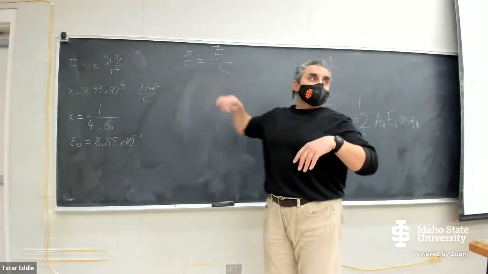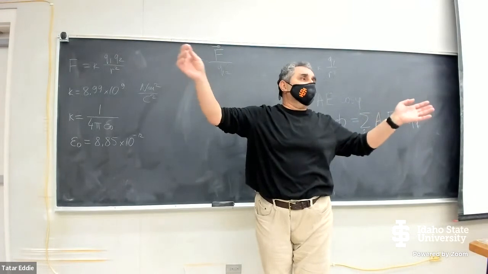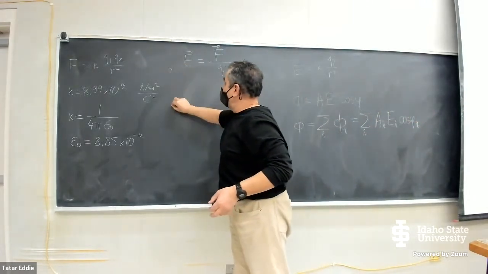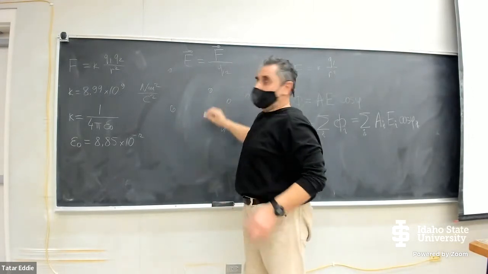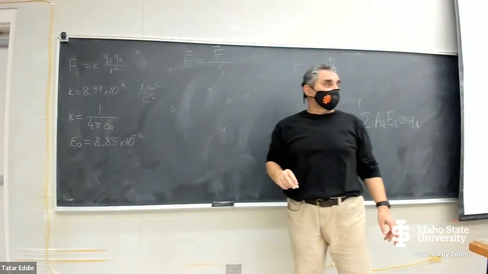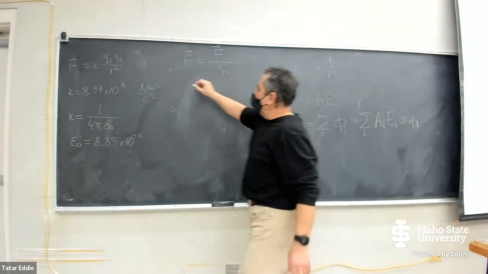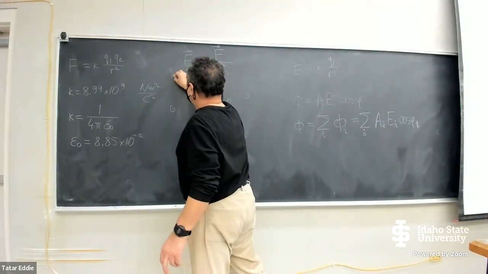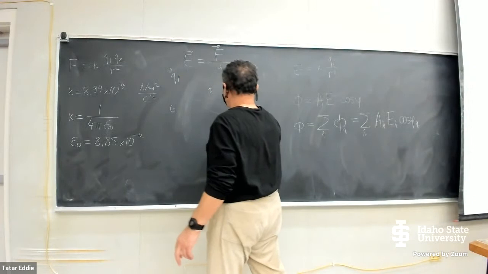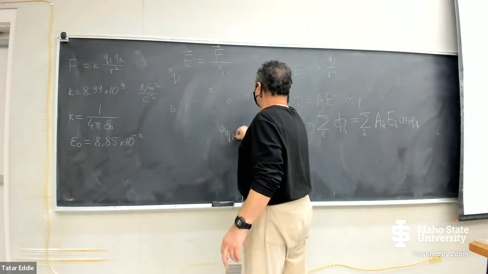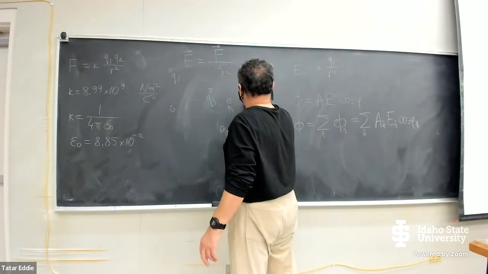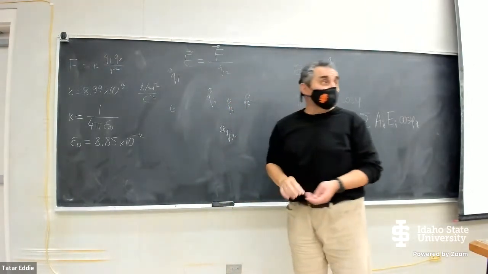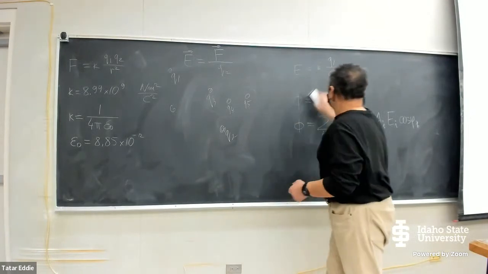And you may have electric charges here and there, everywhere. You may have electric charge here and here and here and here and here and here. So you can name those electric charges. Let's say Q1, Q2 here, maybe Q3, Q4, Q5. Some of them may be positive, some of them may be negative.